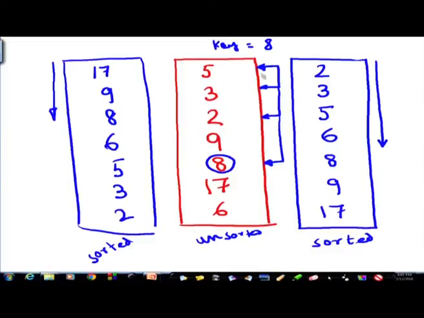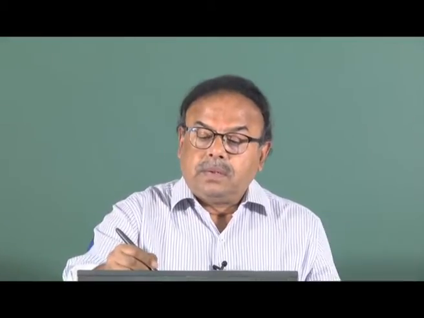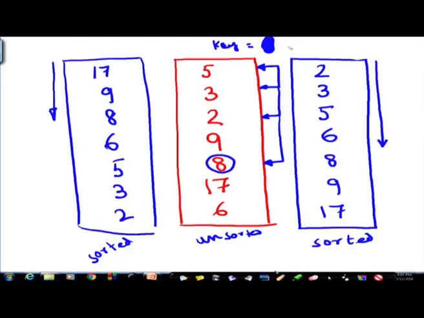Say I start with this, suppose the key was 5. In that case, that is the best case, with one comparison I find it. How many inspections did I need? Only one. So, that is the best case.